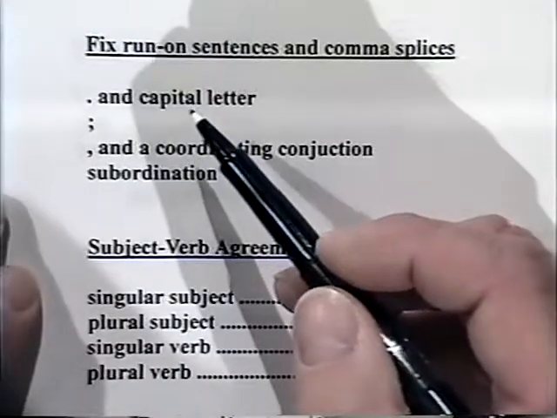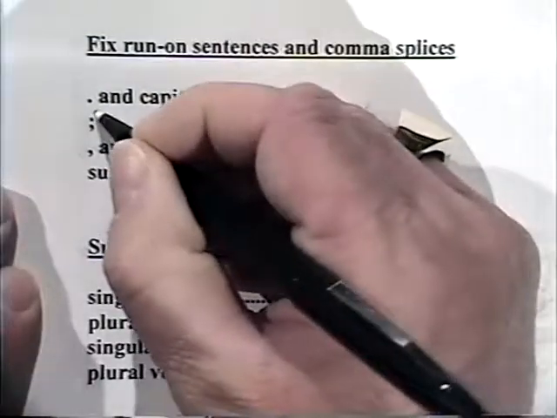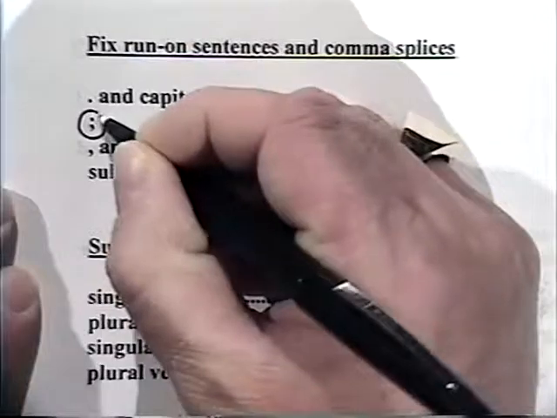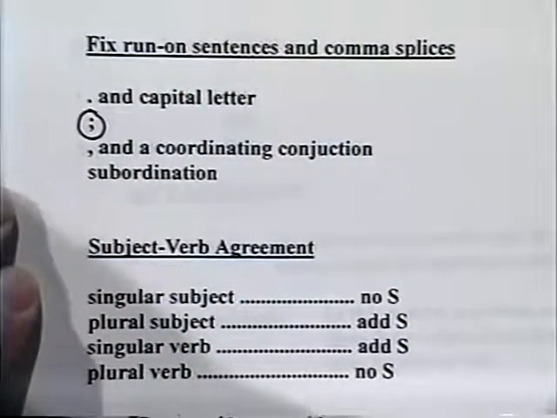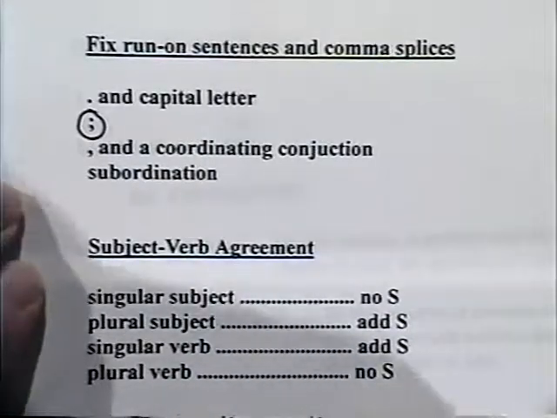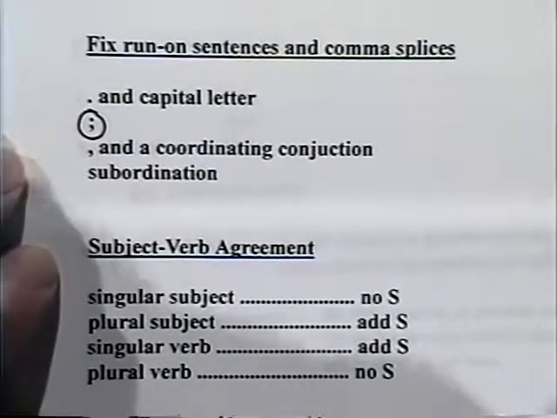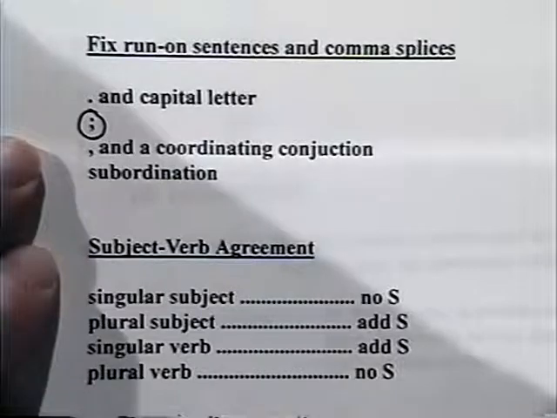That will always work. The next possibility you have to fix a run-on or comma splice is to add a semicolon, or put a semicolon in the middle. What that does is tell the reader that grammatically speaking we have two complete thoughts, but the ideas in those two thoughts are closely related to each other.